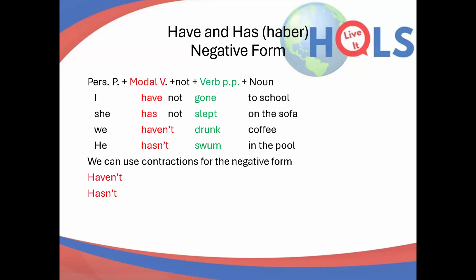Why? Because have, has, and had in this level are used as a modal verb. Therefore, we need to use the verb in past participle. Why? Because have and has in this level mean haber. And remember, the contractions are haven't and hasn't.